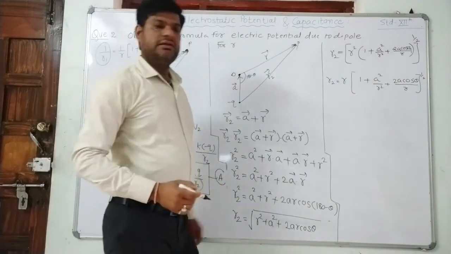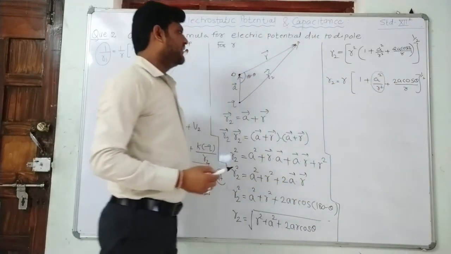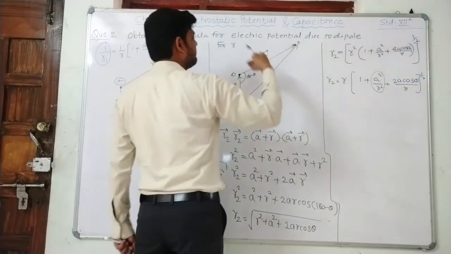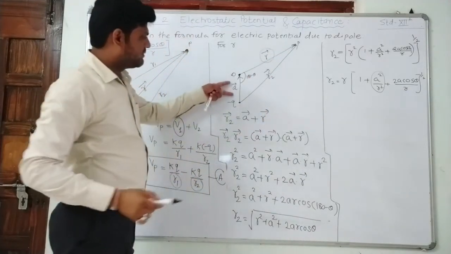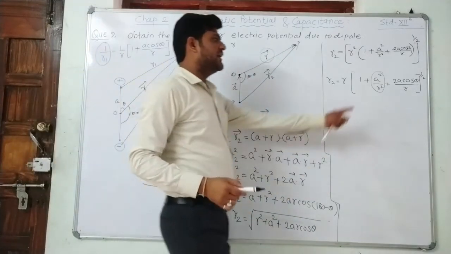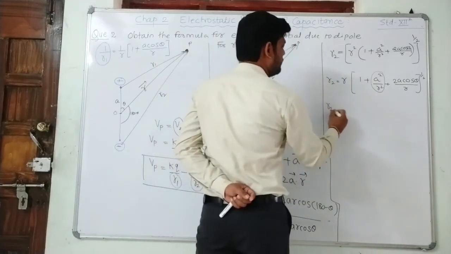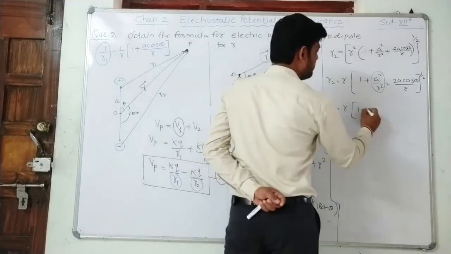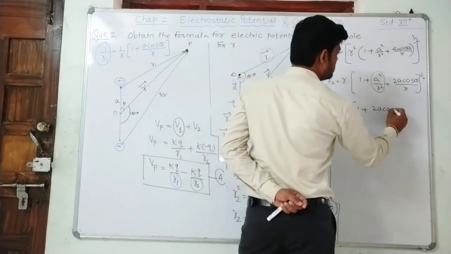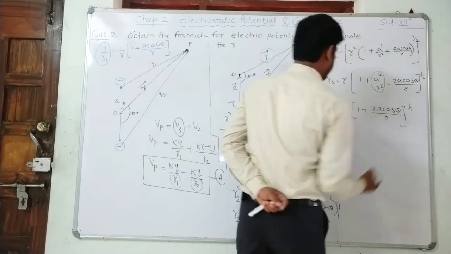Now neglecting the a square by r square as we did, since this point P is at a very large distance, so the distance r is very large as compared to a. That's why we neglect this term. So r2 equal to r in the bracket 1 plus 2a cos theta divided by r, raised to half.